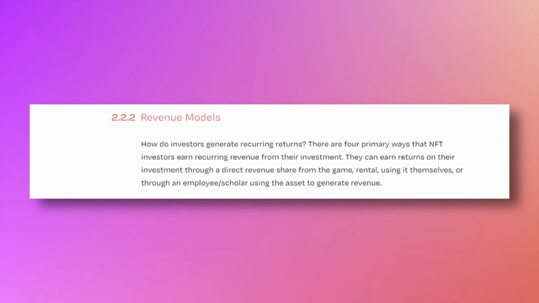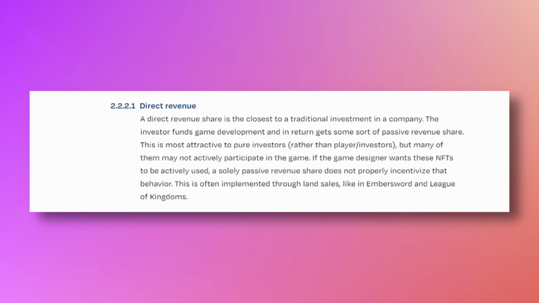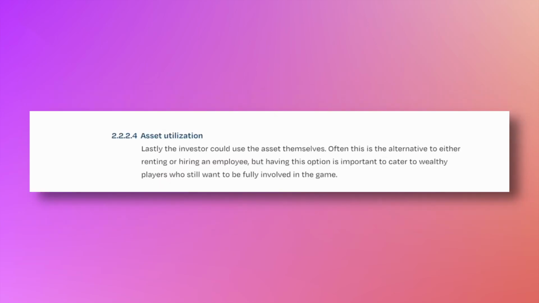So one option is providing direct revenue directly to the NFT asset holders. So providing revenue regardless of them actually doing anything with the NFT. And this incentivizes passive investors, but not so much of actually using that NFT. Other directions you can go are incentivizing that asset usage.